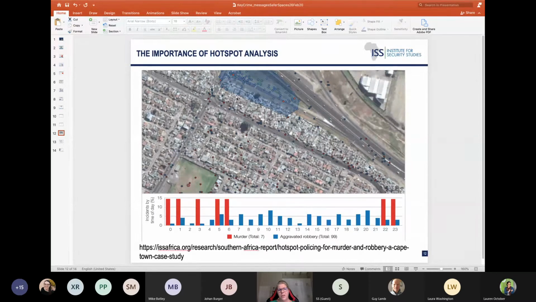There are hotspots that can be identified. And it is very important that we focus on these hotspots because they can tell us when, where, and how crimes happen. If you want to download this paper, it is on the Crimehub. There is the link.